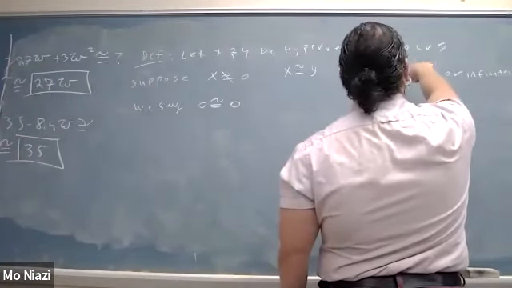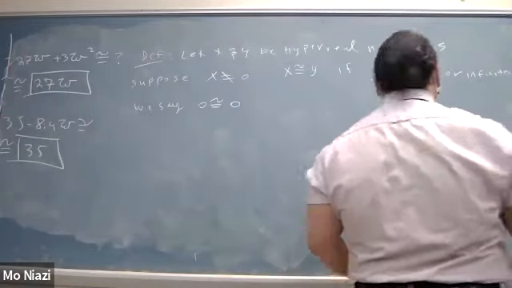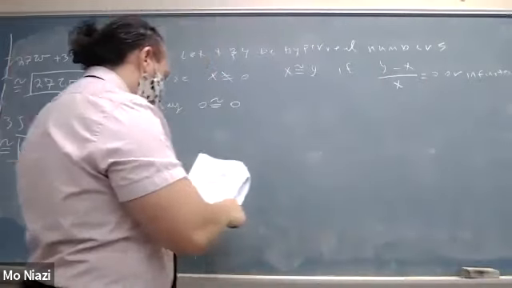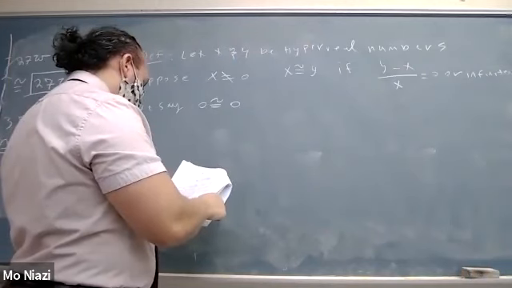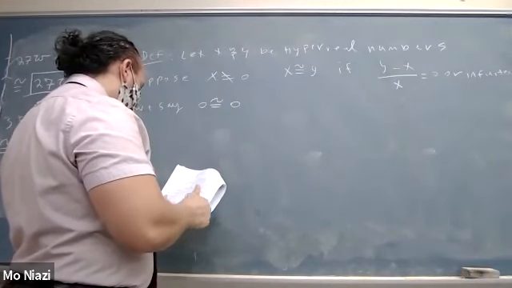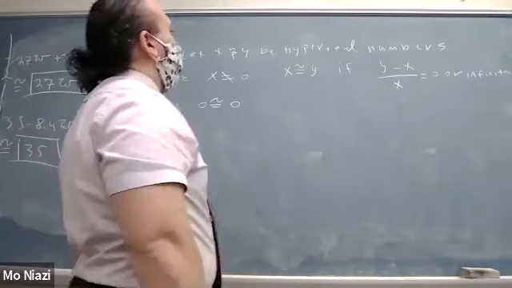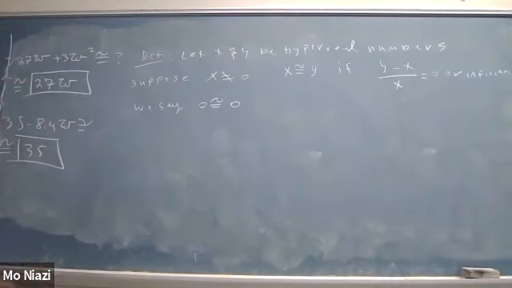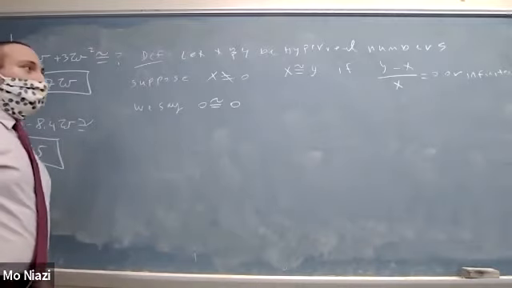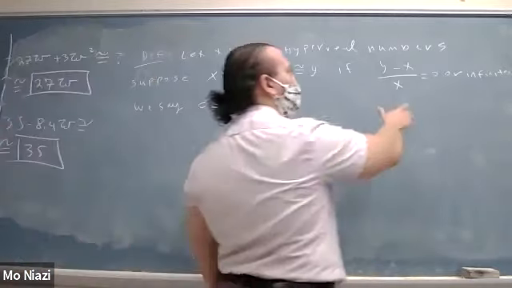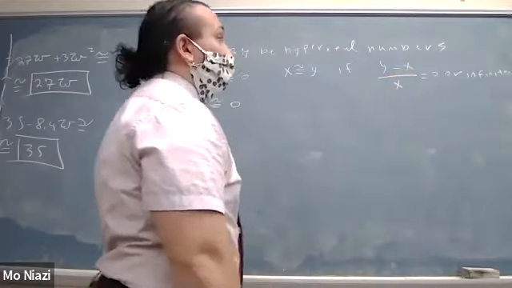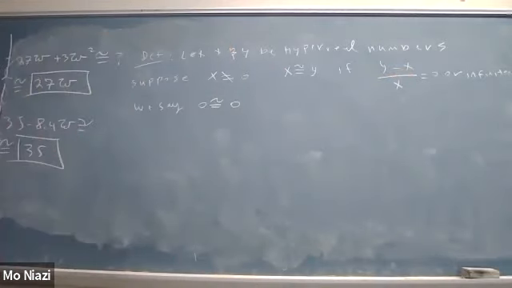Does this definition make sense? We'll see. This definition makes sense because if x and y are on the same level and we take their difference in the numerator, their difference is 0 if they are identically the same.